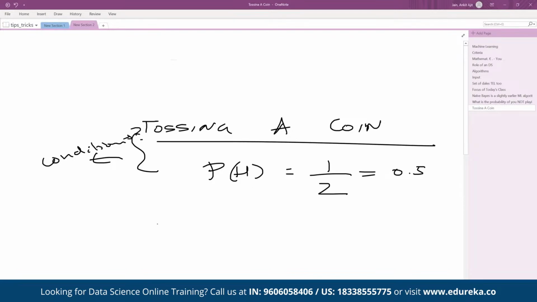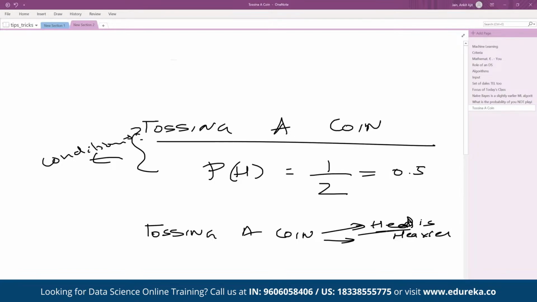But let's think about a second scenario: please toss a coin. And when you're tossing the coin, I say that you have put a condition on it, such that the head side is heavier. What is the condition you have put?